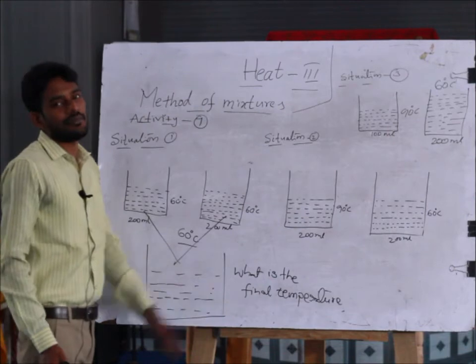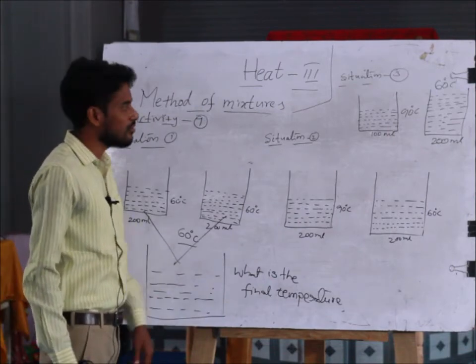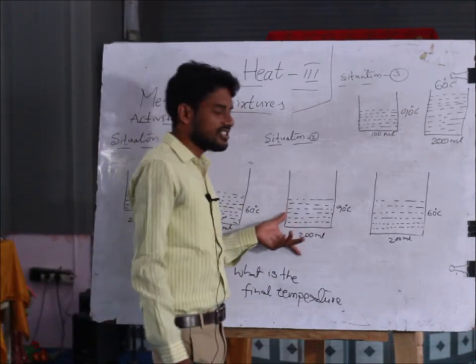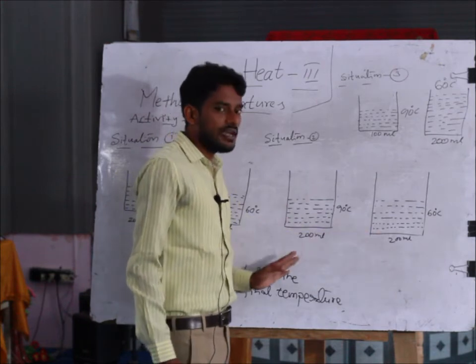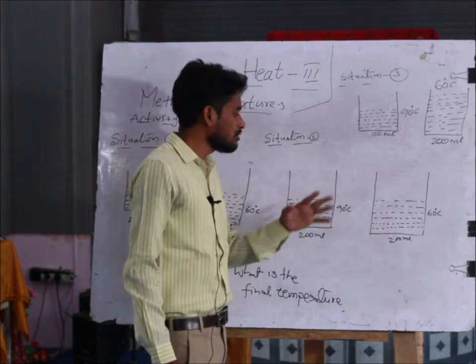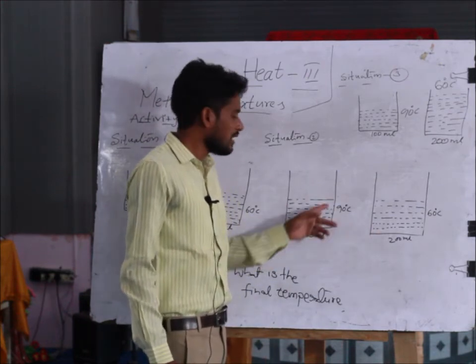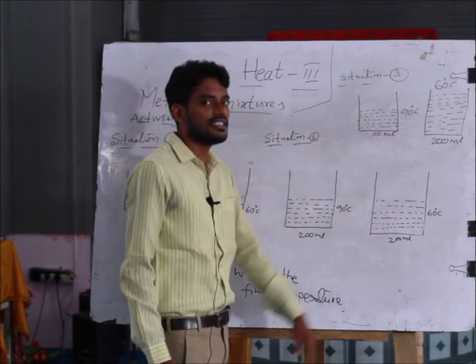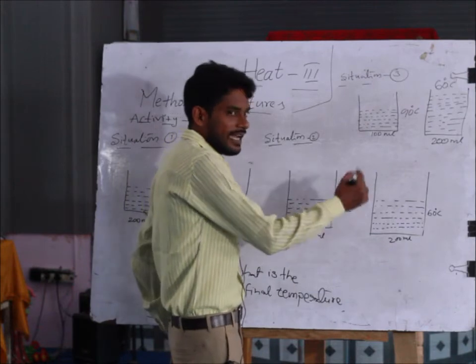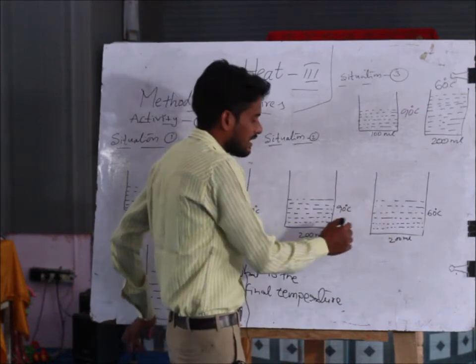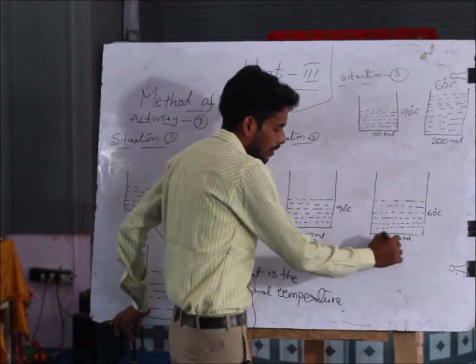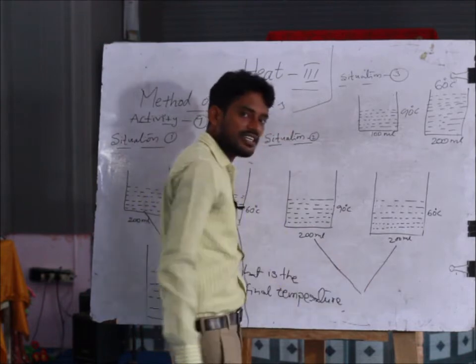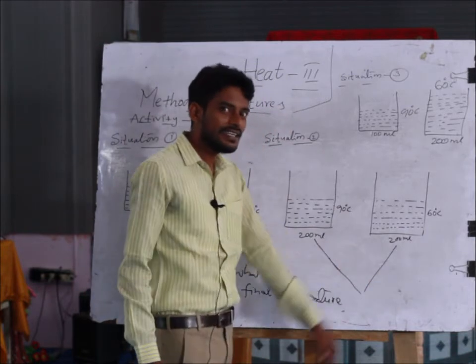Let's observe at your home. In the second situation, volume is the same, 200 ml and 200 ml. Heat the first beaker to 90 degrees centigrade and the second to 60 degrees centigrade. Again, mix them in a large beaker. What would the final temperature be?